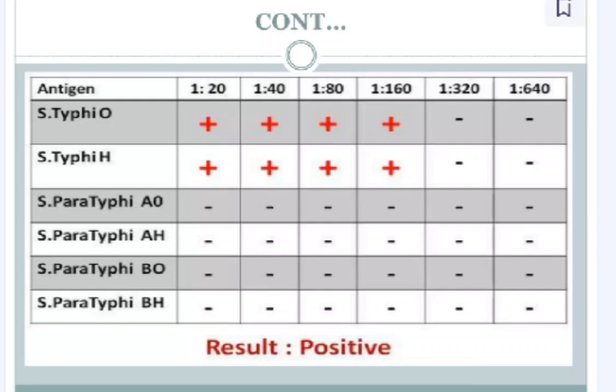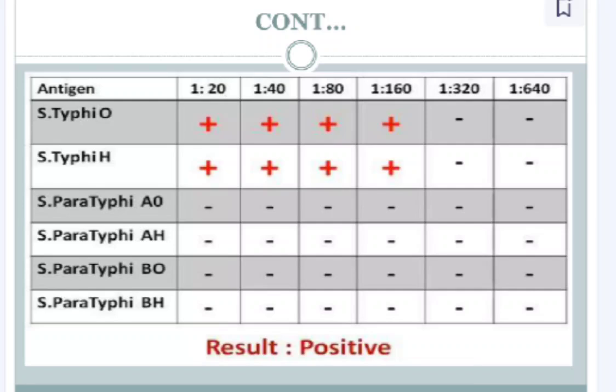We carried out different titer value dilutions and looked for the result. So the titer values 1:20, 1:40, 1:80 and 1:160 are positive for the Salmonella typhi O antigen and Salmonella typhi H antigen.